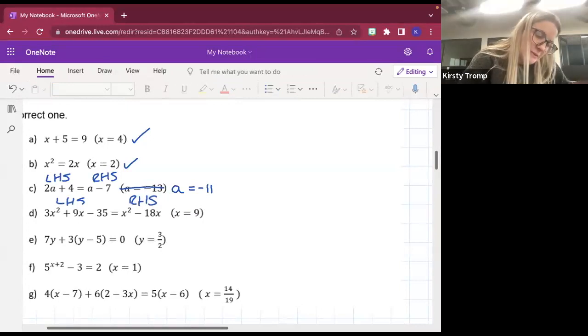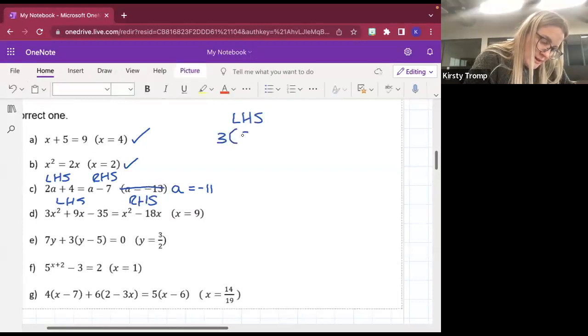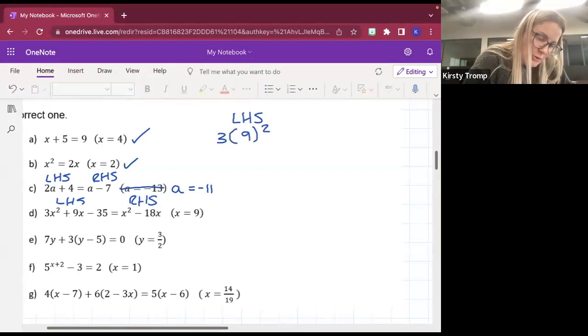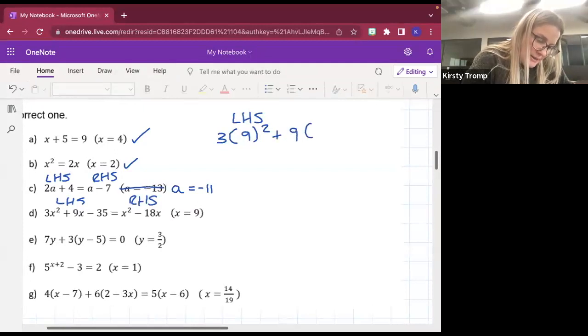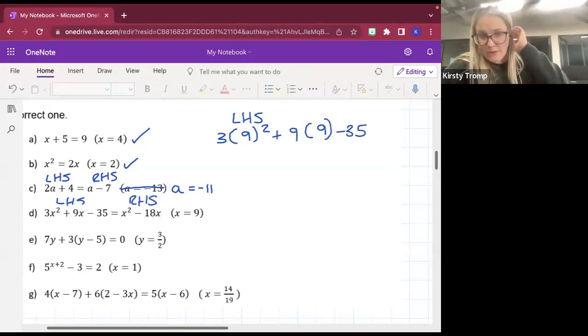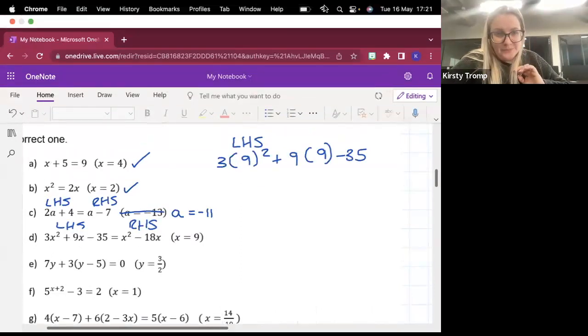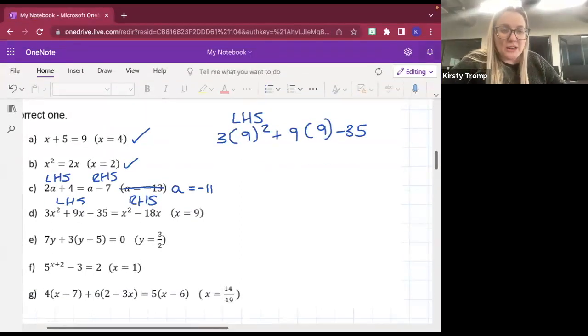So then we said, on our left-hand side, we've got 3 open brackets, 9 to the power of 2, plus 9 open brackets, 9 minus 35. Are you good to that point? You're okay with that? Yes, ma'am. Okay, cool. When you put that in your calculator, Novuyo, what do you get?